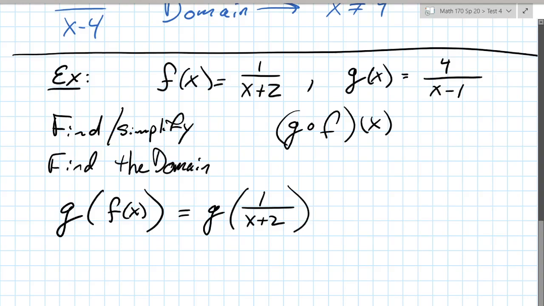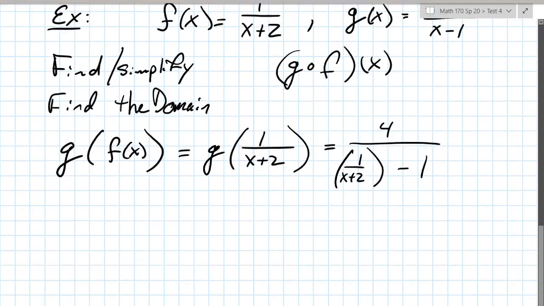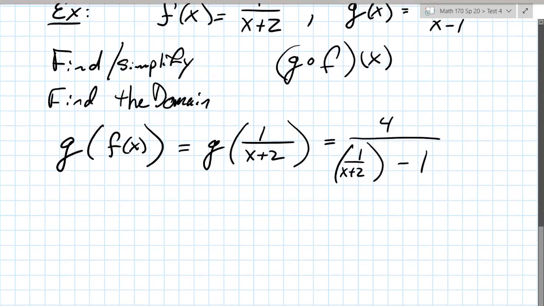This means everywhere we see x in the g function, we're going to replace it with 1 over x plus 2. So we have 4 over, parentheses, 1 over x plus 2 minus 1. So there's our g of f of x. But this isn't very simplified, so we may want to simplify it by taking care of this complex fraction.